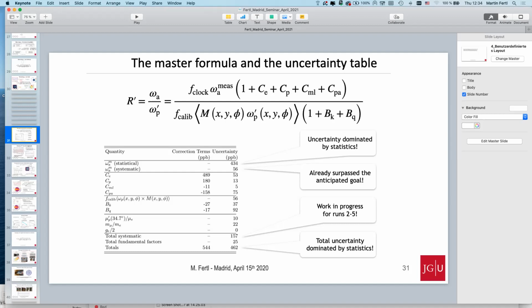These are on the omega a side, the largest contributions. On the magnetic field side, we will have better and more frequent measurements and characterizations of these effects. We were only able to measure these contributions partly at some points in the kicker and the electrostatic quadrupoles, and we want to have a full map of this effect across the whole storage volume. These are aspects that we're going to improve.